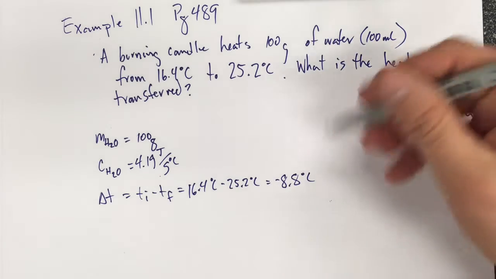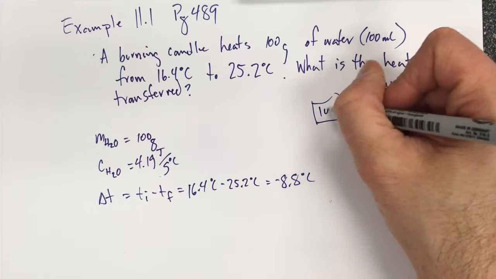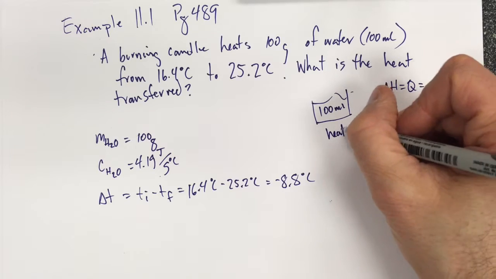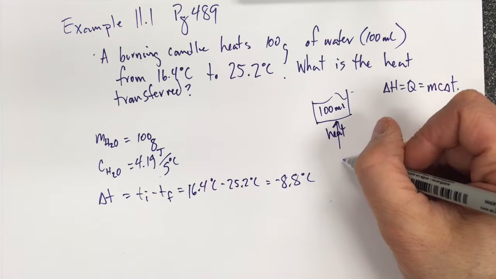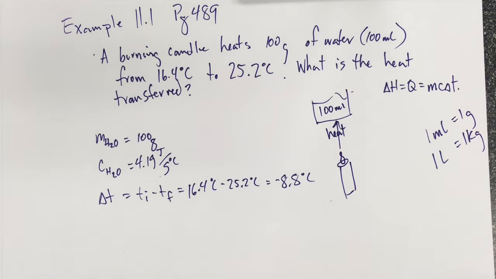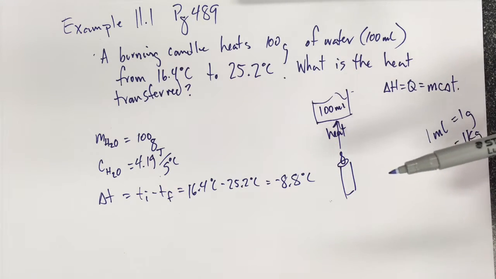This is going to be measured in some sort of system where they've got 100 milliliters of water that is being heated by a candle that is burning. And so the heat is being transferred into the water, which is then changing temperature.